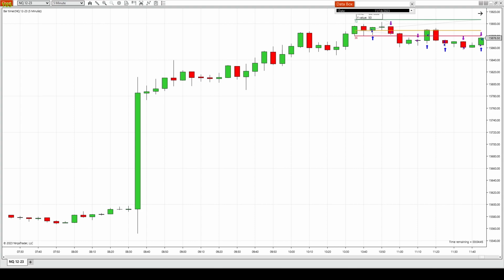Just taking out my notes here. What I need to make sure that I don't do is trade invalid setups. Do not trade invalid setups, number one. And then number two, do not move auto break even.